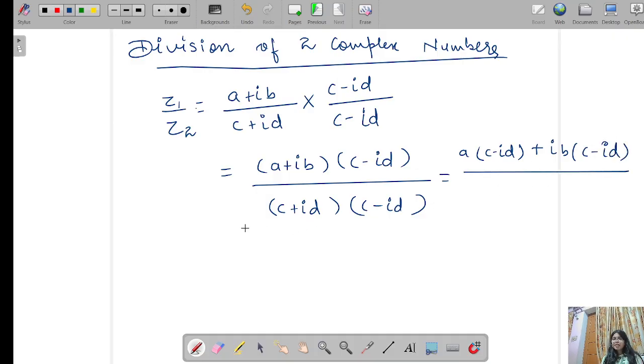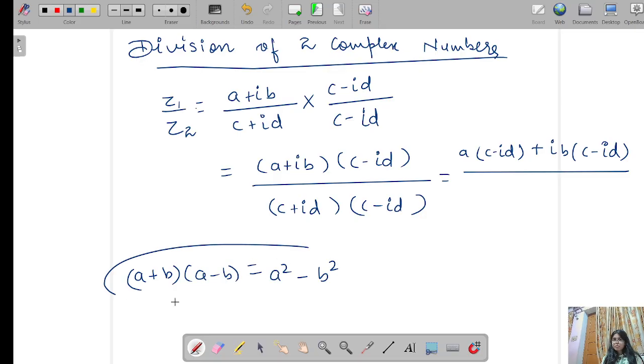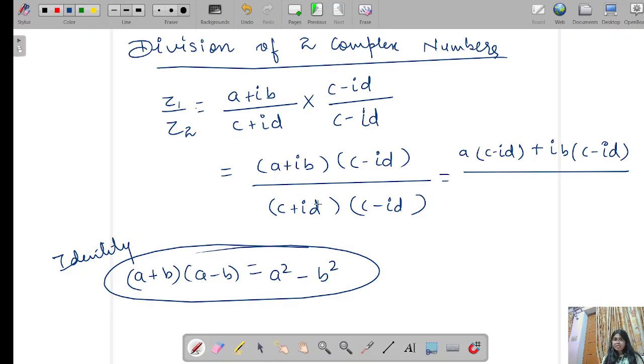And in the denominator, I can see this is c plus iota d times c minus iota d, which I can say is a square minus b square. Using this identity, this is a whole one term and this is a whole one term, so here I can use this formula. Alright, I have used this identity.